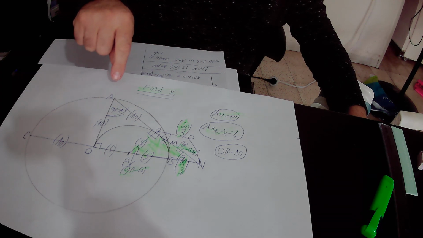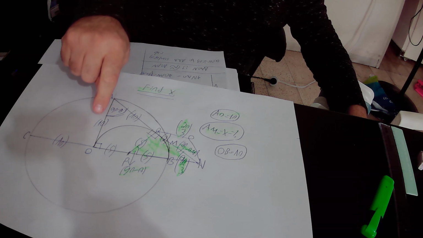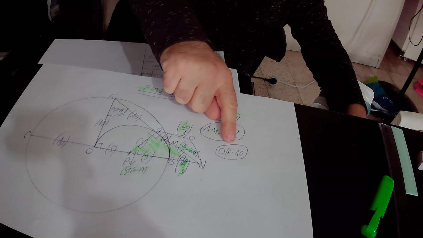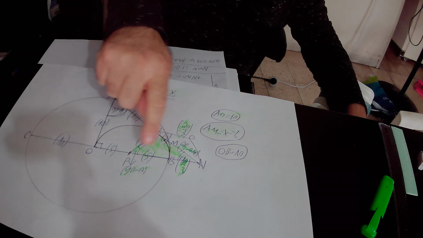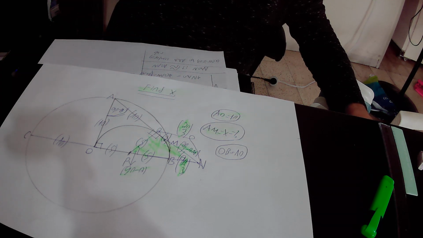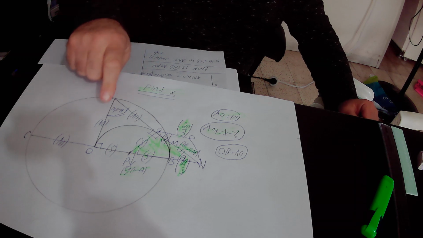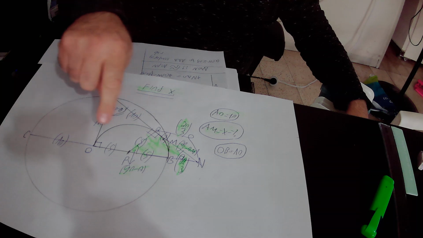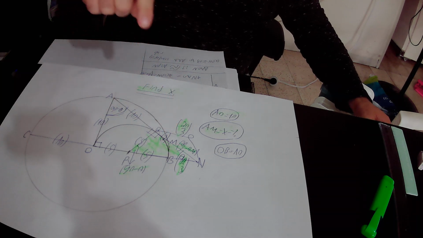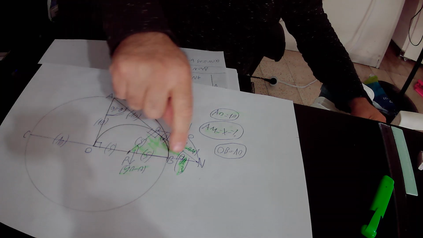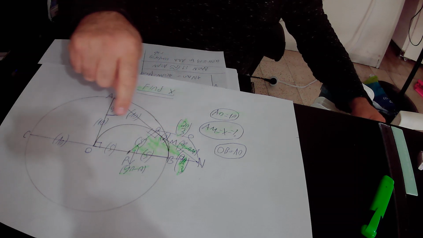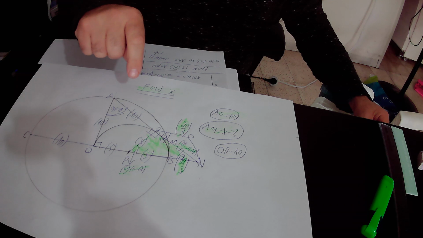But it is given in the question that AO equals 10, therefore OB must also equal 10 because it is also the radius of this quarter circle. OB is equal to 10, it is not only the radius of this quarter circle, but it is also the diameter of this semicircle. So we know that the diameter of this semicircle, OB, equals 10.